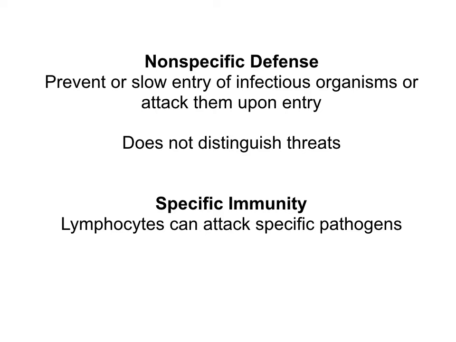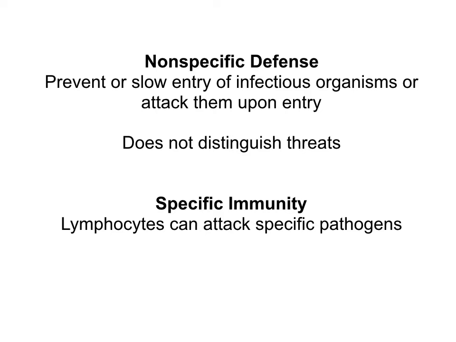For example, your epidermis, that beautiful stratified squamous epithelium that you learned about in A&P1. That nice keratinized multi-layered structure is a barrier. It basically covers the entire body in this impenetrable barrier that blocks out bacteria, viruses, mold spores, parasites, chemicals.